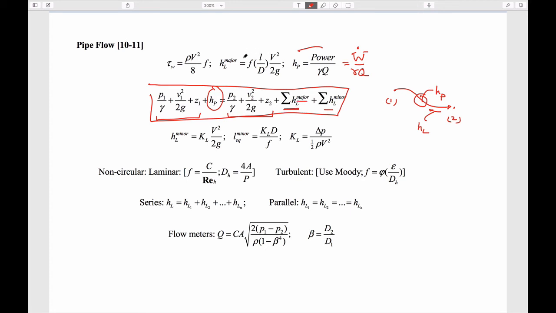They're usually given in terms of the Moody chart numbers: a friction factor for Moody, the length of the pipe, the diameter of the pipe, and the average velocity in the pipe. Not the upstream velocity, not the downstream velocity, but an average velocity in the system. These are the upstream and the downstream velocities by contrast. So the major losses are small incremental losses, but they're summed over a long length of pipe.